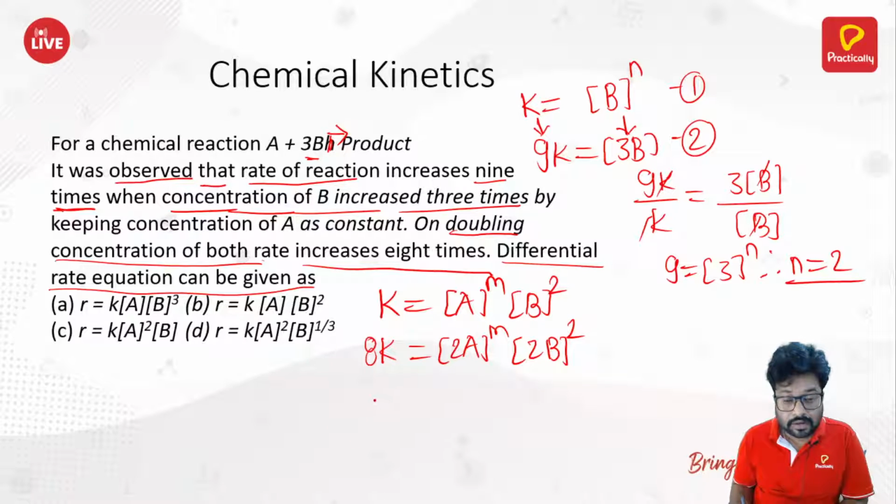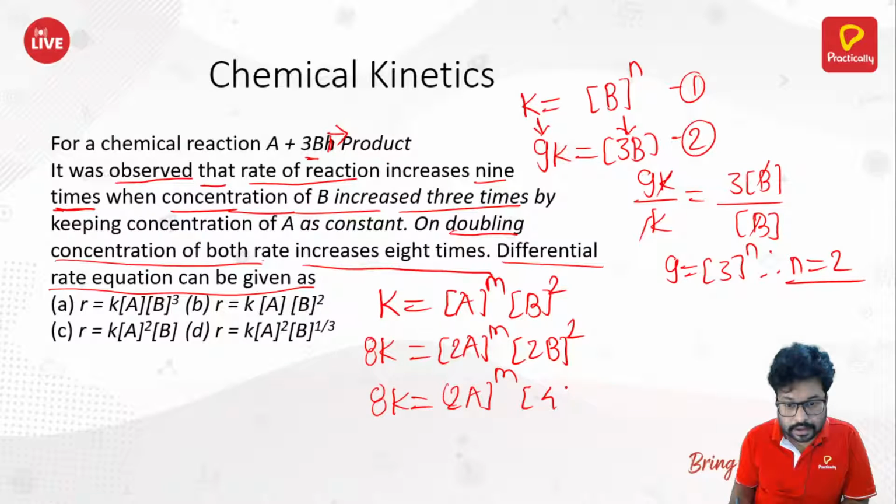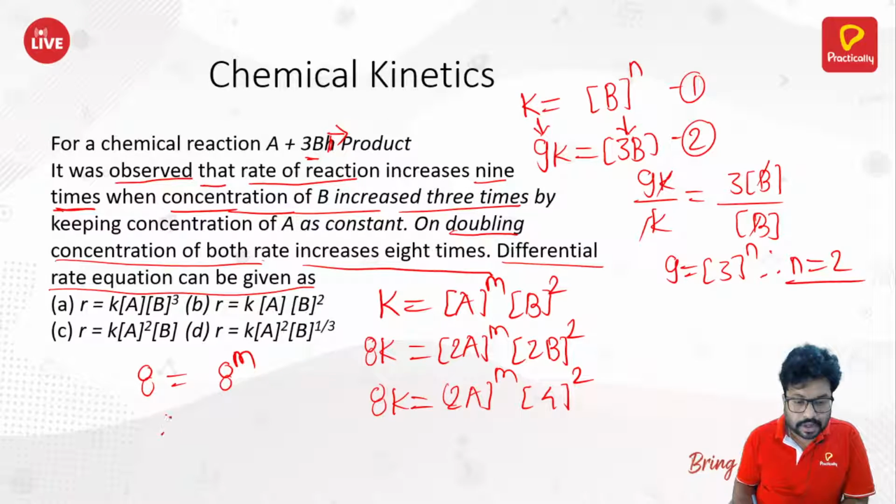Then what do we get now? 8K is equal to K into 2A raised to M into 2B whole square. So it is 8 is equal to 2 raised to M, which means M has to be 1.